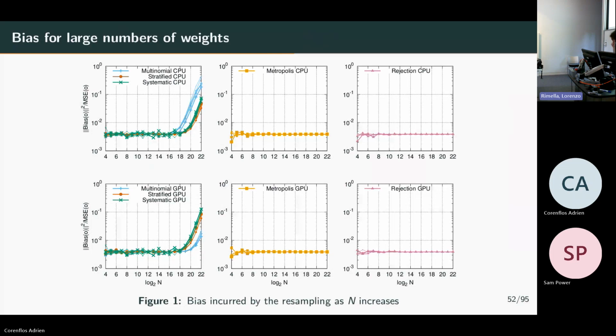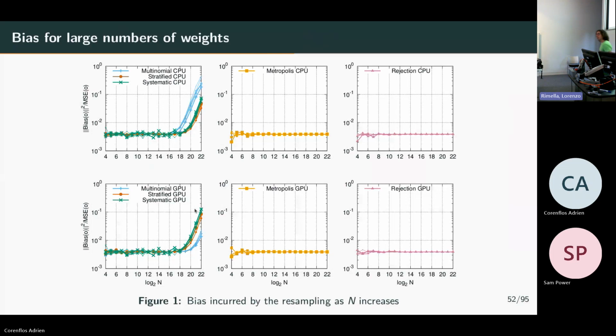Now the problem with doing this is that even though the method is statistically exact, it incurs a computational bias. Okay, so I've lifted that chart from the paper by Murray and friends. And so on the left-hand side, you have this method and the bias it incurs.